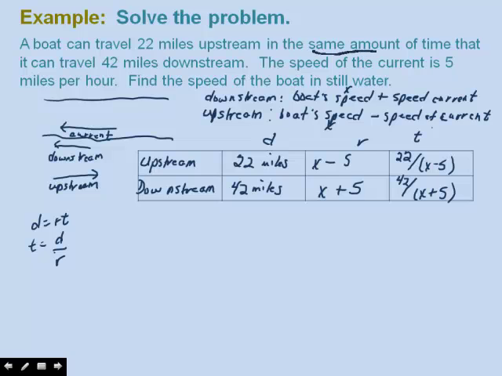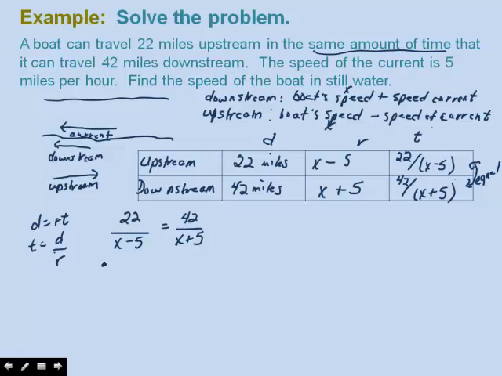And then we do know that the two parts of the trip are in the same amount of time. So that means that these two have to be equal to each other. That gives us our equation. We have 22 over x minus 5 is equal to 42 over x plus 5.